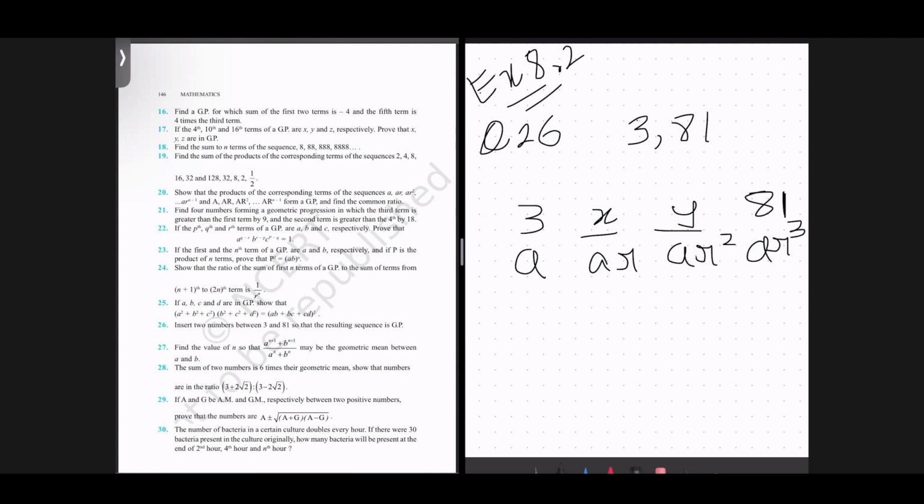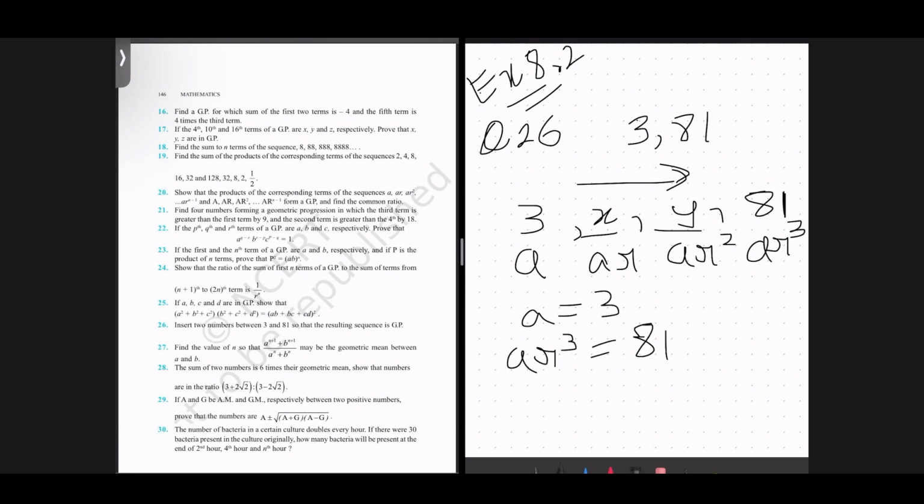So when you insert two terms X and Y between 3 and 81, the GP that you're going to get has AR square and AR cube. Now we know that A equals 3 and AR cube equals 81.